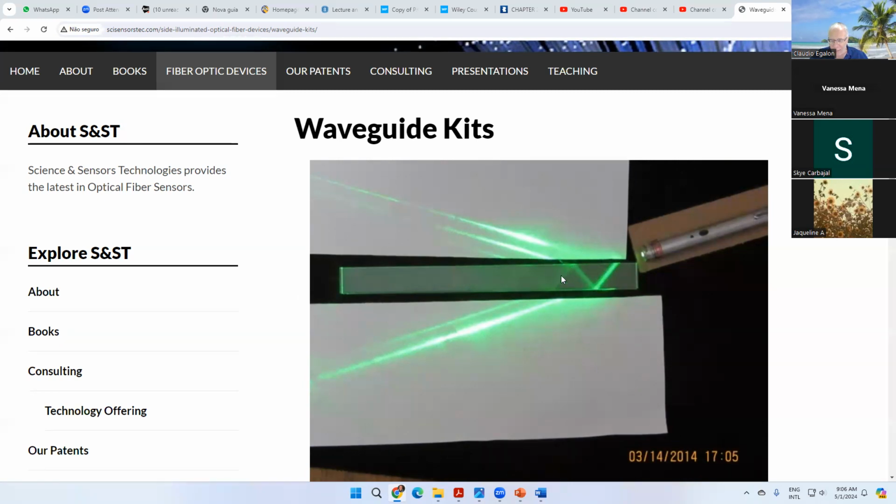Why is it fading away? It is fading away because part of the energy of this light ray is escaping this rod. That's why you have this light ray right here associated with this reflection. Same thing here, look. Light is refracted, but light is also reflected at the interface. We have both reflection and refraction.